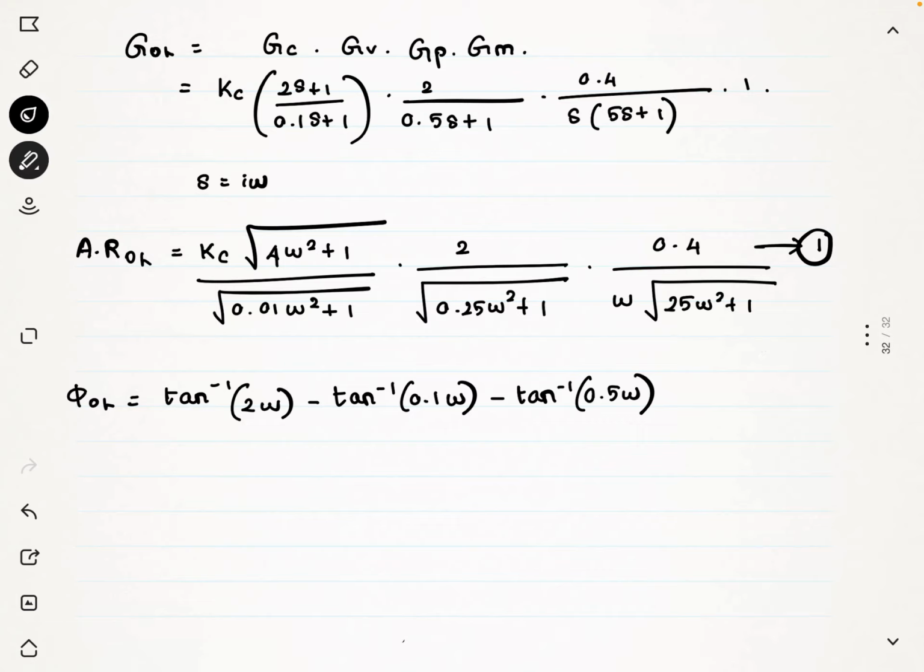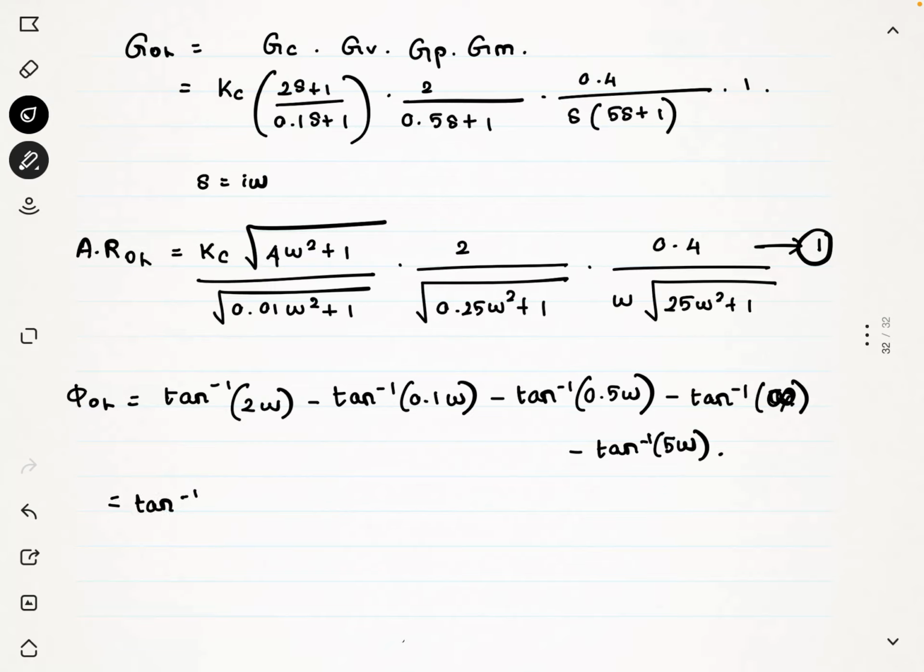Then we have S, so in that case it will be minus tan inverse of infinity, minus tan inverse of 5 omega.